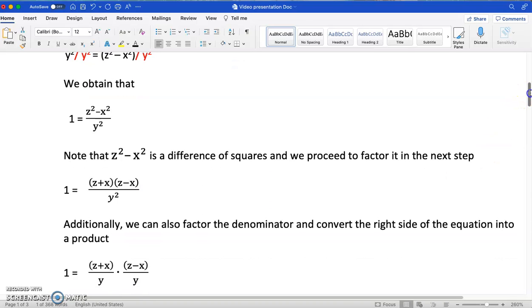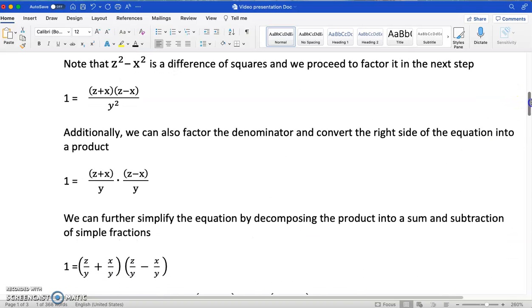But we can also note here that y squared is the same as y times y. So we can also factor the denominator. When we factor the denominator, we can see that 1 equals c plus x over one of those y's times c minus x over the other y.